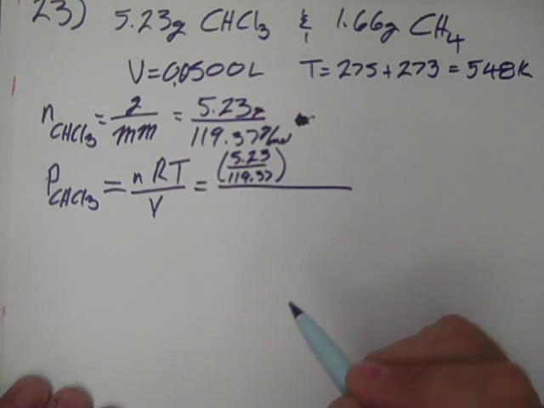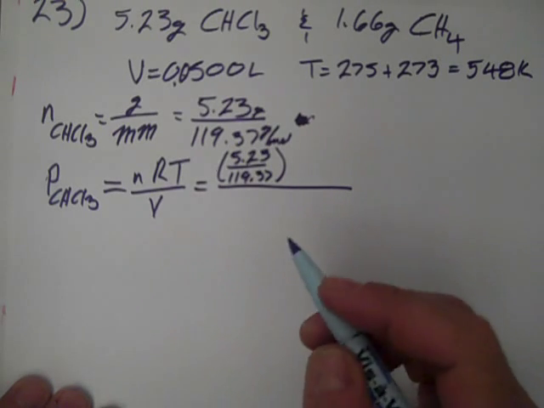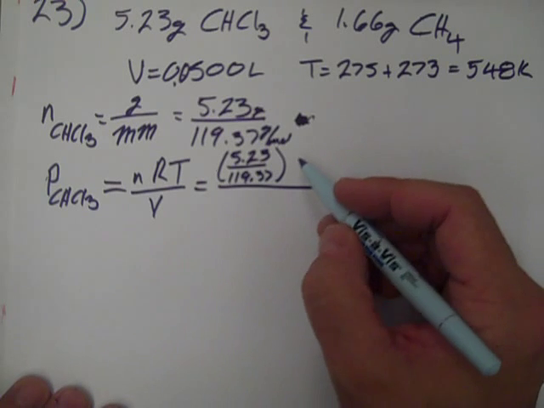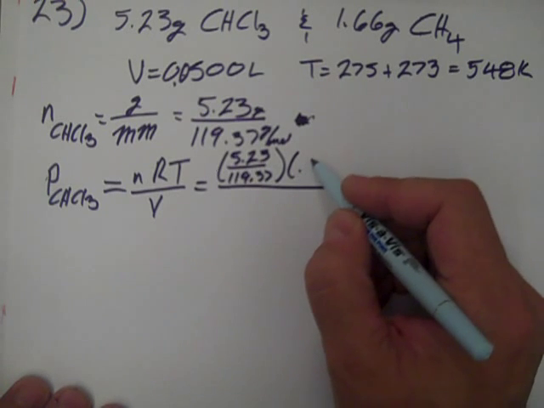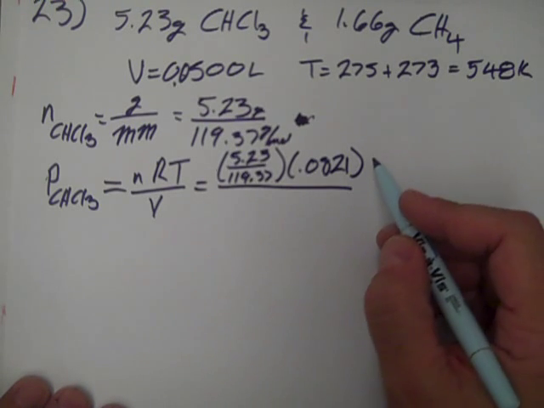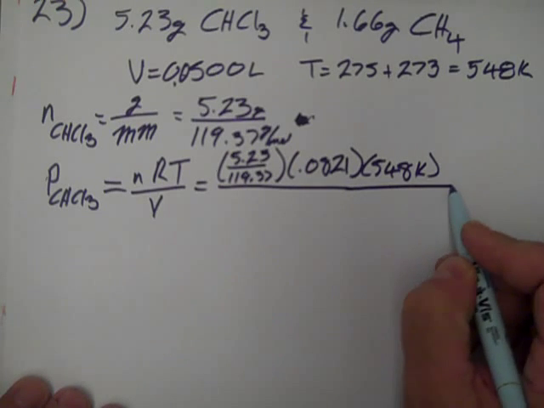For R, I get to pick my R. It can be any one as long as I'm consistent. Because I'd like to get my answer in atmospheres, I'm going to use 0.0821. T is 548 Kelvin.